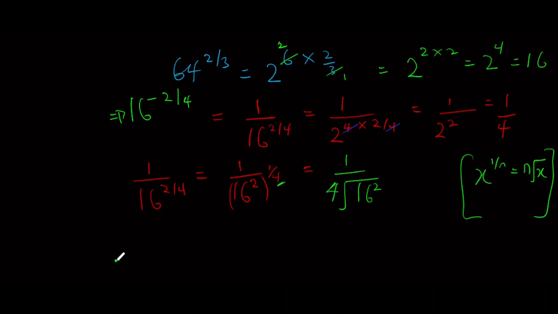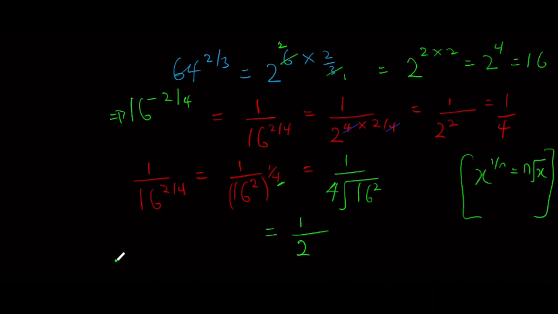For simplicity, we're not supposed to use this approach because it's kind of big. But with the help of our calculator, we can simplify it. The 4th root of 16, when we punch our calculator, is 2.